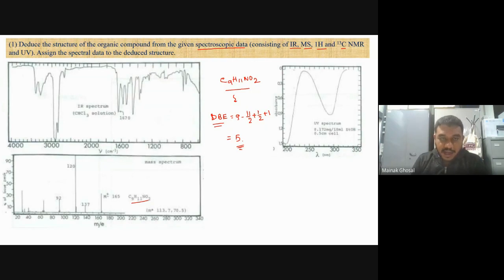Now you need to see the IR spectrum. Here in the IR spectrum, a signature band at 1670 cm inverse is observed. Another peak you can see is almost at 2900 cm inverse.